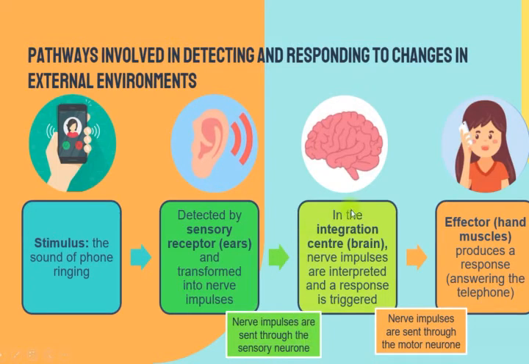And then the brain will interpret the impulse and trigger a response. And then the nerve impulse is sent to the effector by the motor neuron. And then the effector will carry out a response, which is answering the telephone.